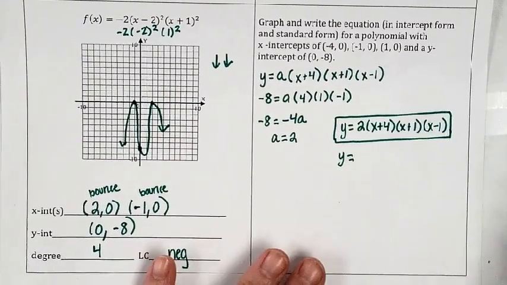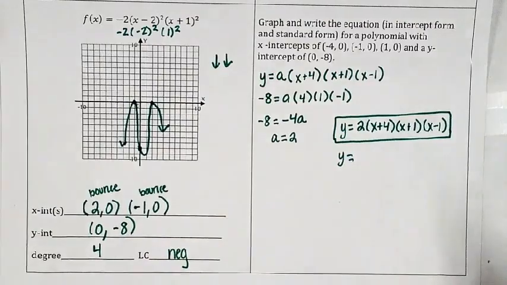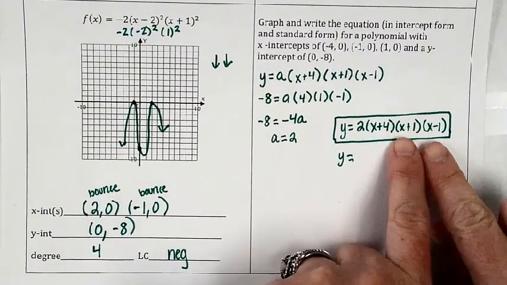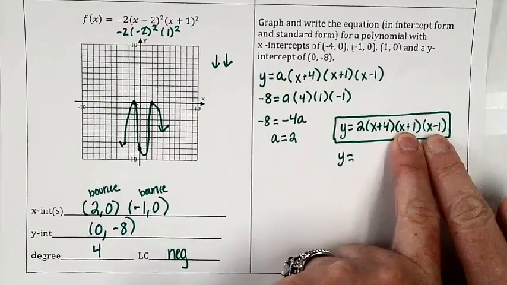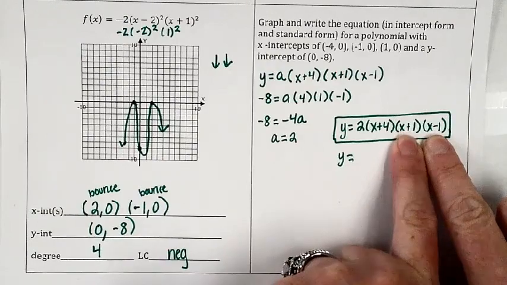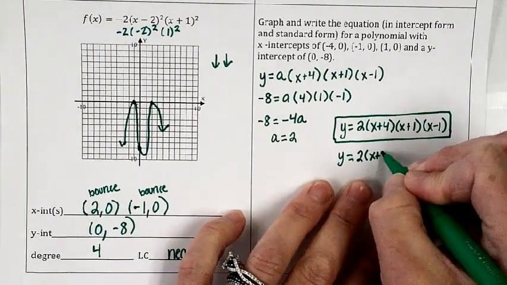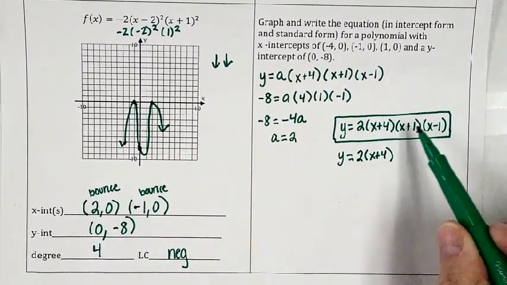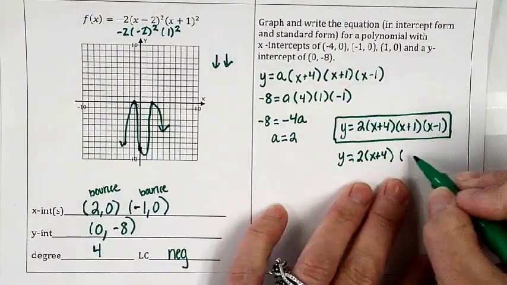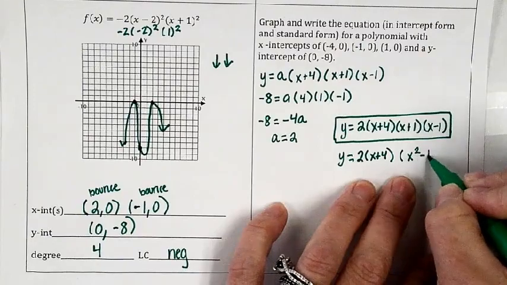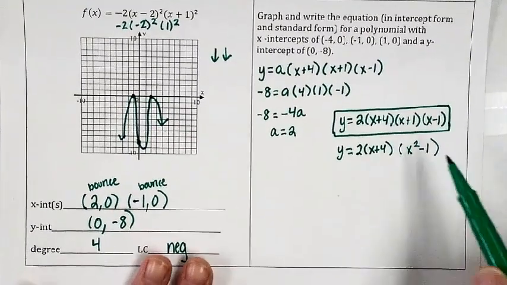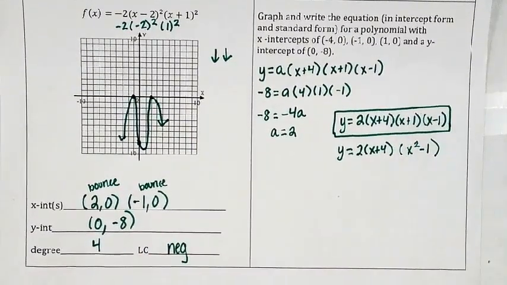I see these factors of x plus 1 times x minus 1, so I'm going to multiply those together. So 2 times x plus 4 stays. When I multiply these, it will be x squared minus 1. I know that because those are the factors I would get for a difference of two squares.